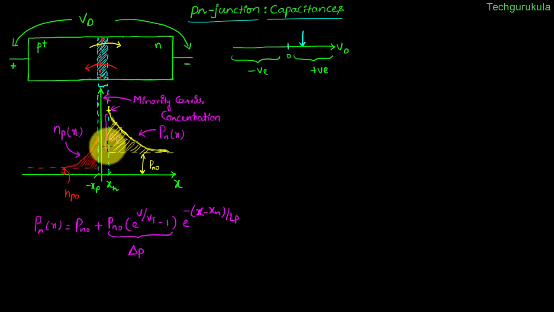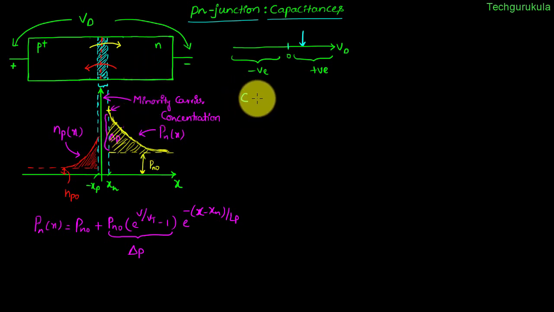The concentration that is stored would depend on the potential that we apply. And definition of capacitance is basically how much charge is stored per applied potential, which means we see a clear capacitance in this case. And we're going to call this capacitance diffusion capacitance because the stored carriers are actually diffusing in the neutral material.